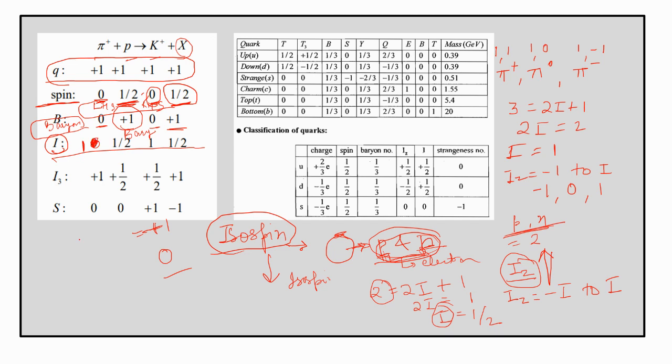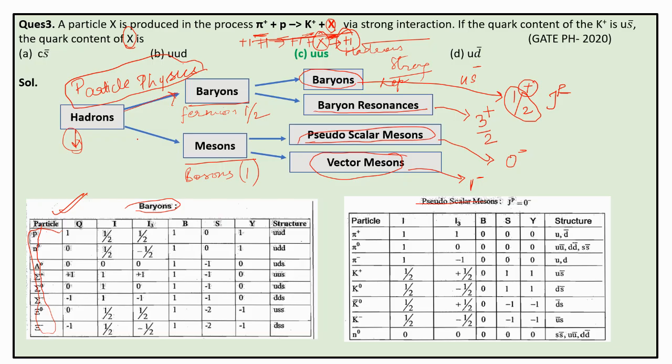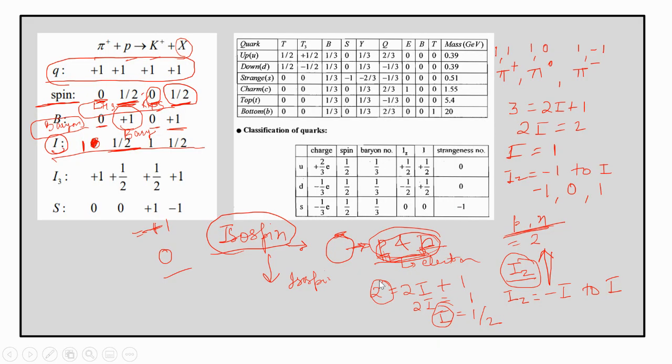And for proton, what will be the I value? I told you here the I value came as 1 by 2. So it will be 1 by 2, correct. And for kaon, how many multiplets does kaon have? Kaon has 2. The multiplet number is 2 for kaon.